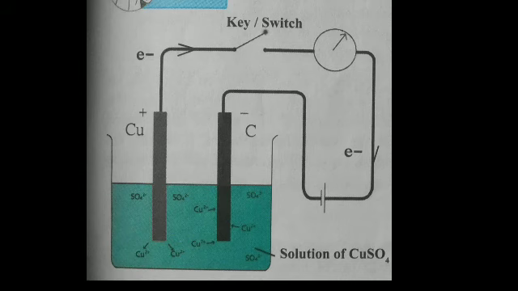In the above activity, copper appeared to have deposited on the portion of the cathode immersed in the solution. When an electric current started flowing through the circuit, the cations, that is Cu2+ ions in the solution, got attracted towards the cathode. Cu atoms are formed when electrons coming out from the cathode combine with the Cu2+ ions.